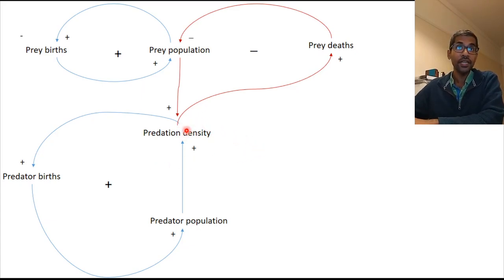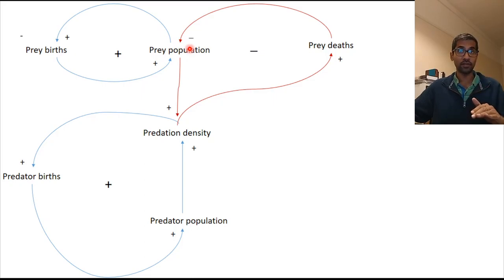As the predation density increases, what happens to the number of prey deaths? Of course, it increases. That means more predators are eating more prey, so the number of prey deaths increases. And if the number of prey deaths increases, what happens to the prey population?